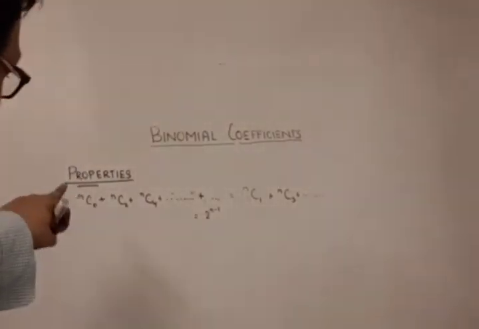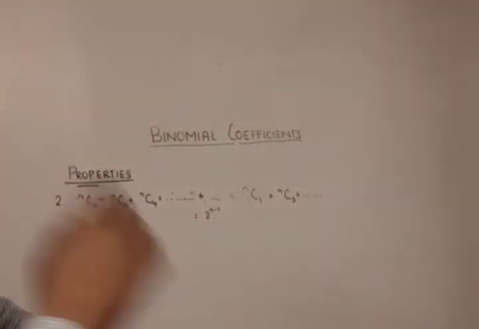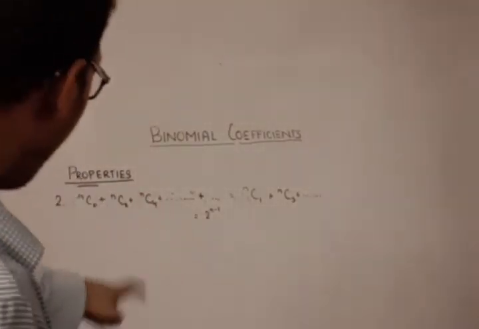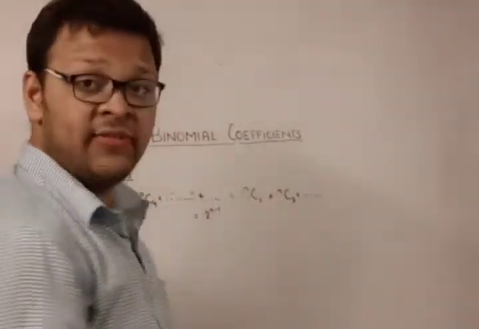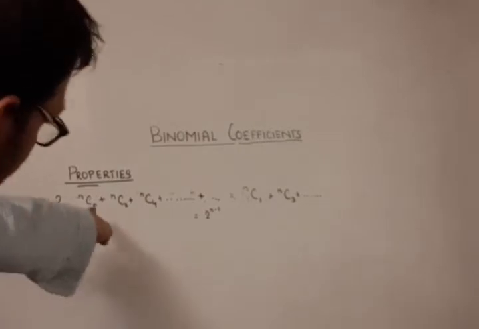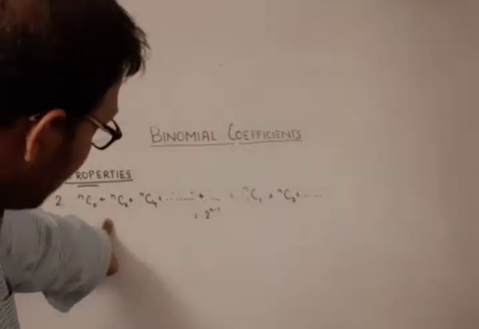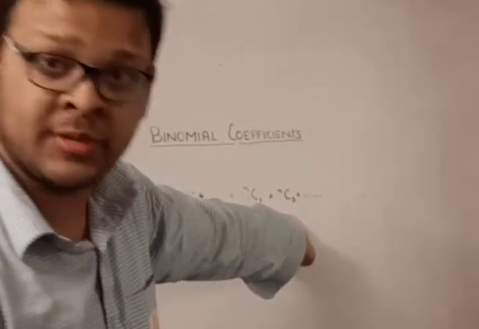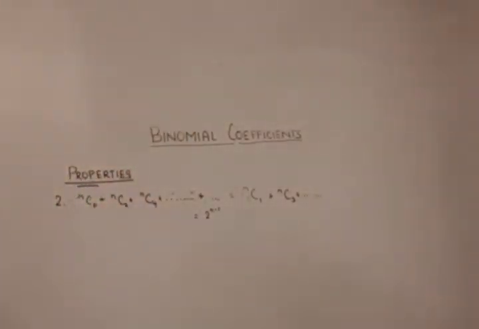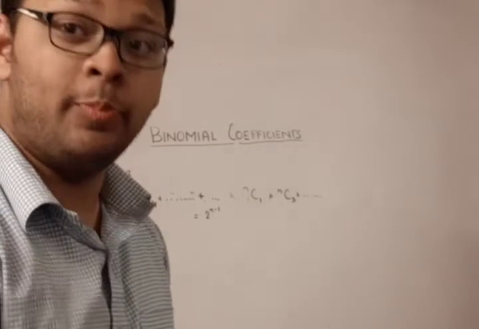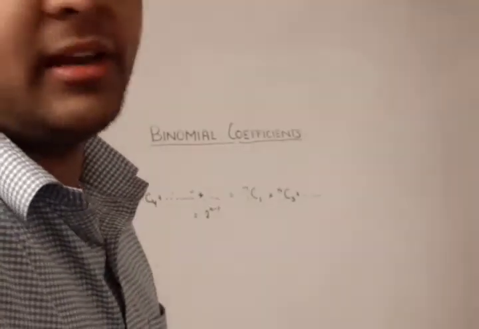So the second property says that the sum of the even-numbered subscripts of the choose function is equal to the sum of the odd subscripts of the choose function, which is further equal to 2 power n minus 1. So I recommend you to pause this video and try proving it before we get back.